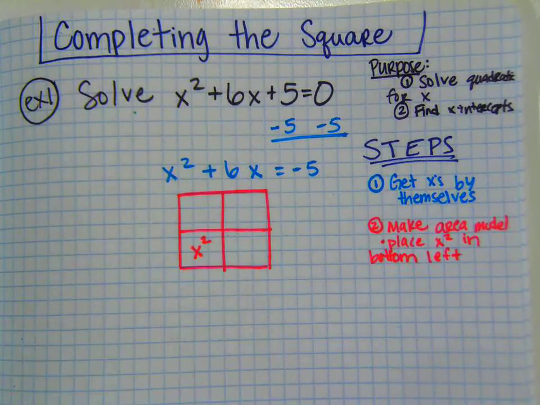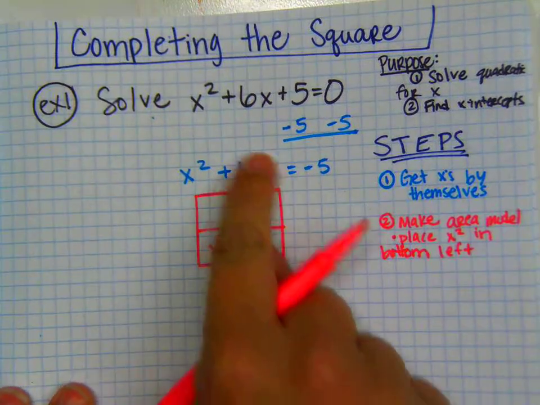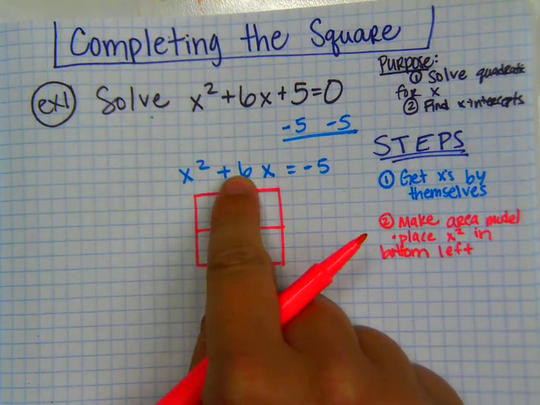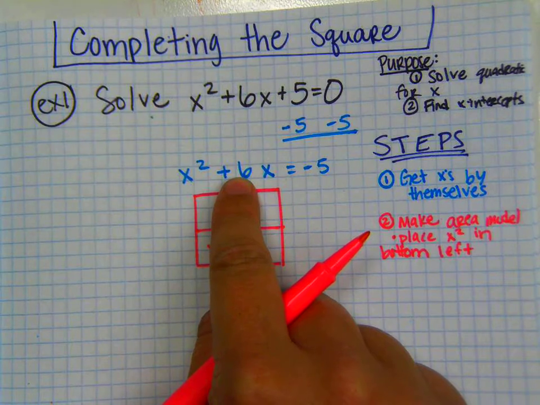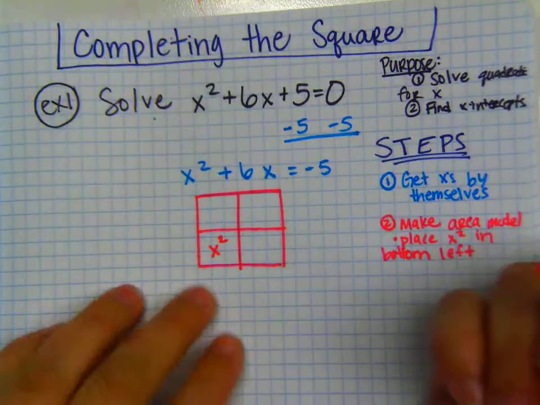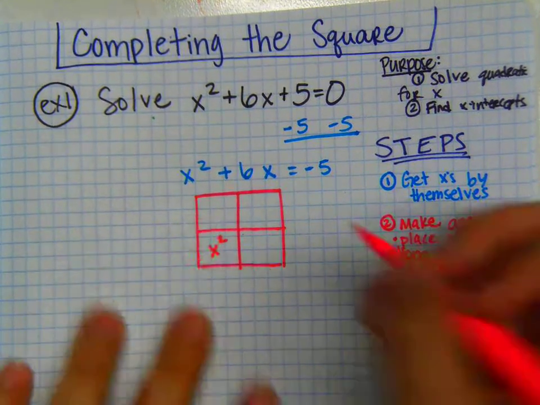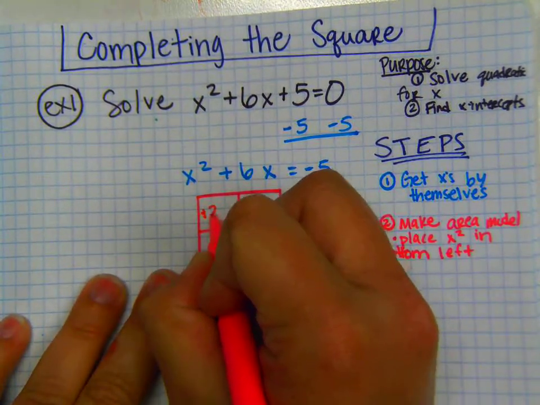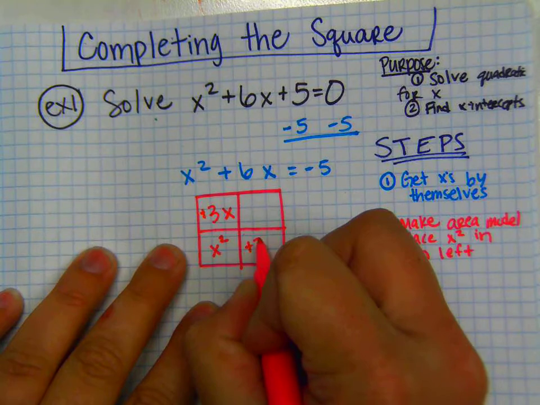And then we have the 6x. Now what you do with that 6x is you split it up. So if I were to split up a 6, I want to split it into 2. What number is 6 split into 2? It is 3. And those 3's are going to be in these two boxes. So we're going to put plus 3x plus 3x.